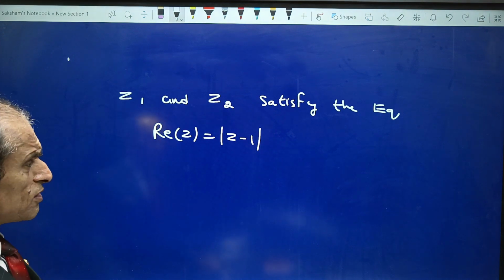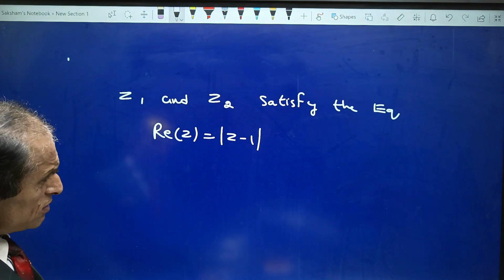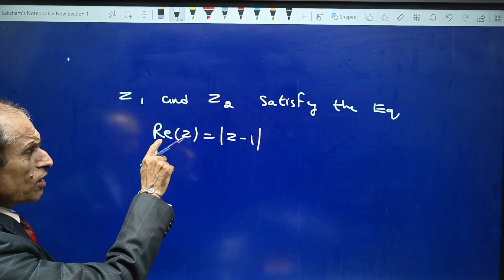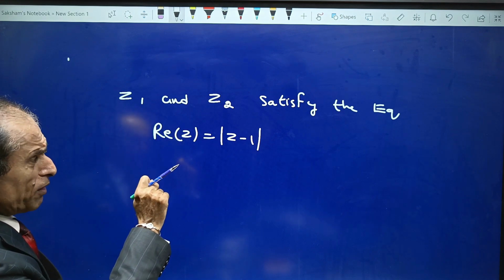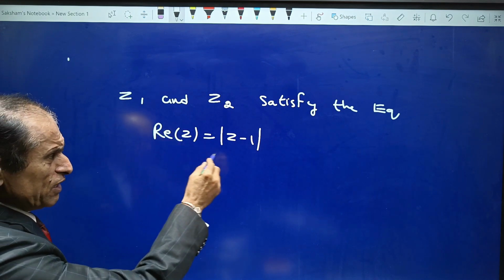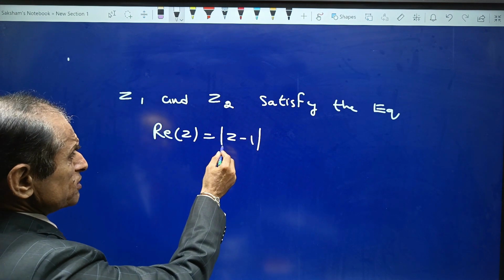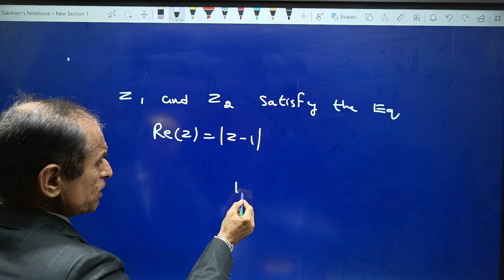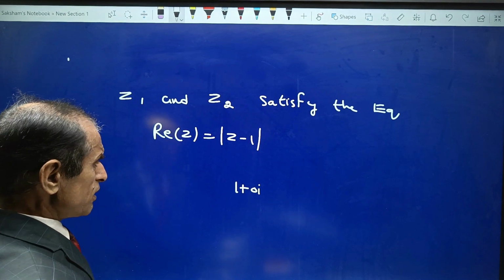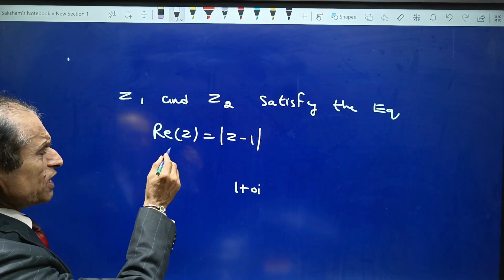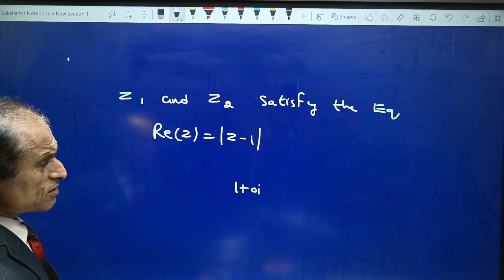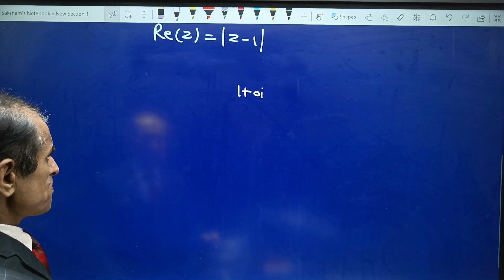Hence, thinking geometrically, we can easily say that the locus of Z will be a parabola because the given information means the distance of Z from 1 plus 0i and distance of Z from y-axis are equal.